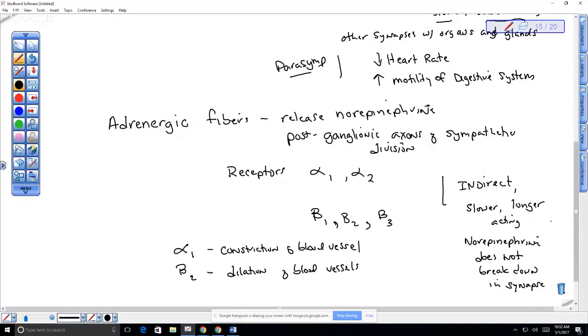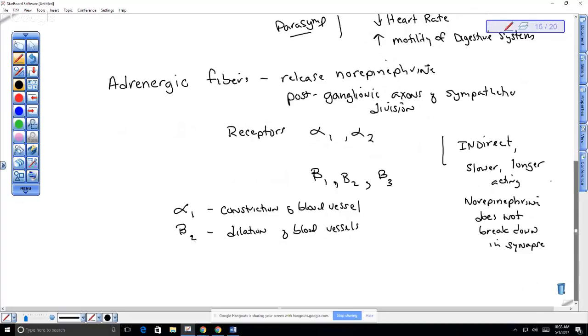So this means that it can be both excitatory or inhibitory. Excitatory would cause the smooth muscle to contract. Inhibitory would cause the smooth muscle to relax. Also, if we look at alpha 2, this actually causes the cardiac muscle to relax.